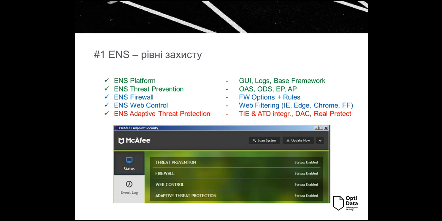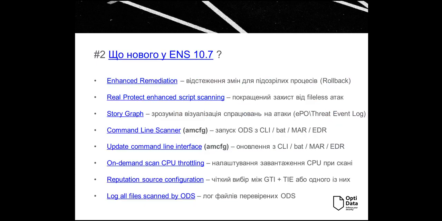So let's go to the new enhancements in the new version. First of all, the most exciting and coolest feature of the new version is enhanced remediation. What does it mean? It means when we have ENS deployed with the ATP module, it is very important that we need ATP here.